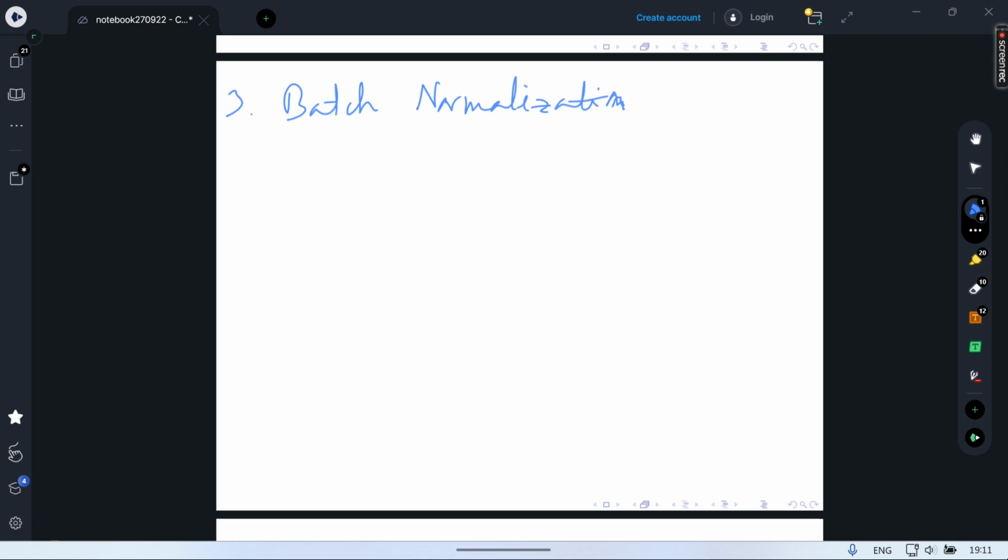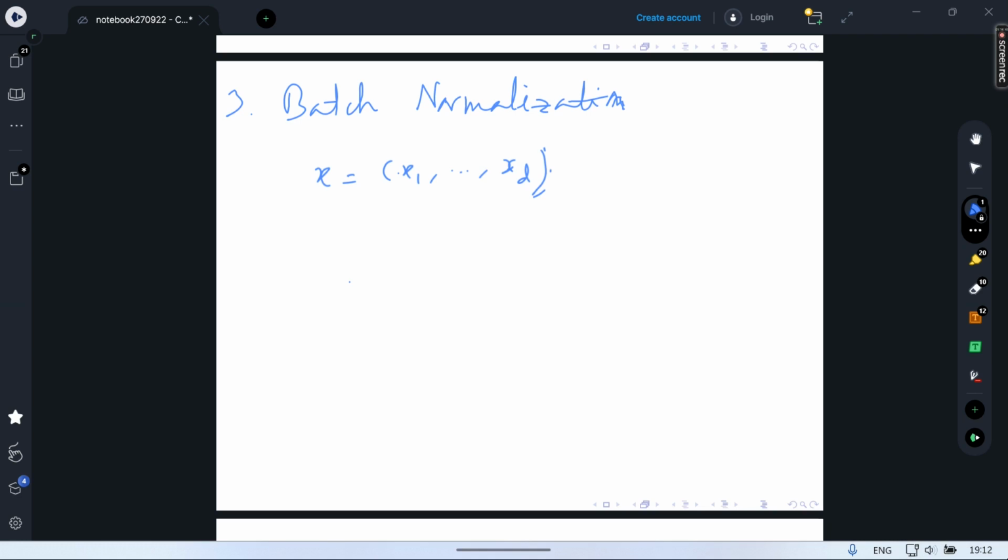So suppose you have input x, some training samples x1, x2, say xn. It's very common that you normalize this. Suppose your input x is x1 to xd, so your input has d features. Now it's very common to normalize each of the input values.